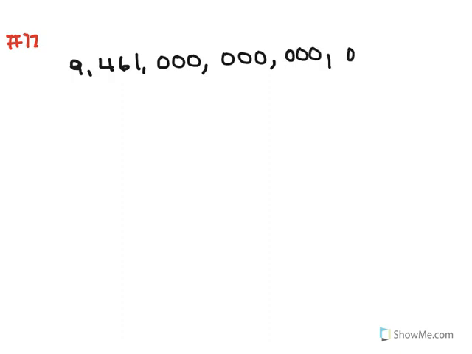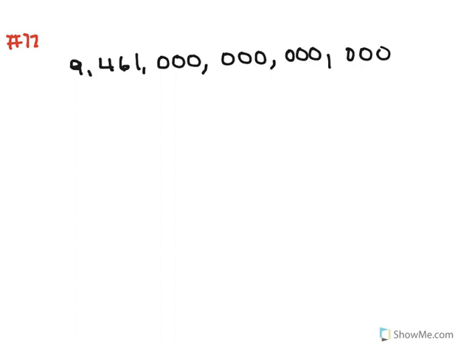Okay, I'm sorry, let me just try it again. So it's 9,461, and then 1, 2, 3, 1, 2, 3, 1, 2, 3, and 1, 2, 3. Okay, they are kilometers, and this is the distance light travels in 1 year.